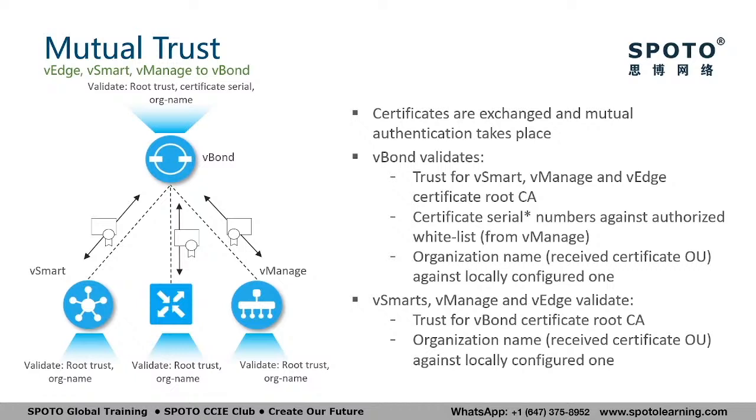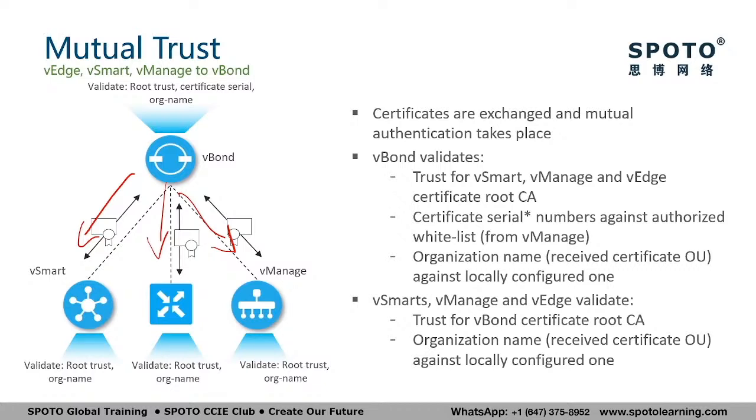So the first part is vBond to validate the other 3. vBond validates certificate serial numbers against the authorized whitelist from vManage and validates the organization name that received the certificate, the OU, against the locally configured one.